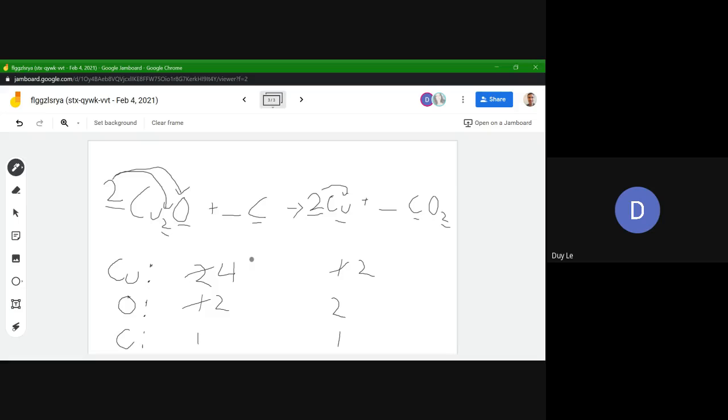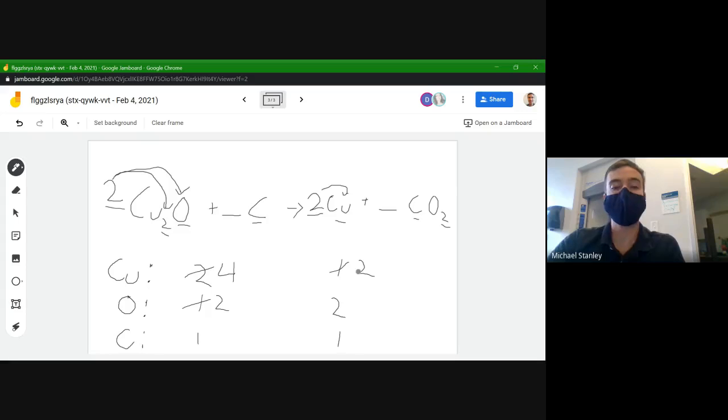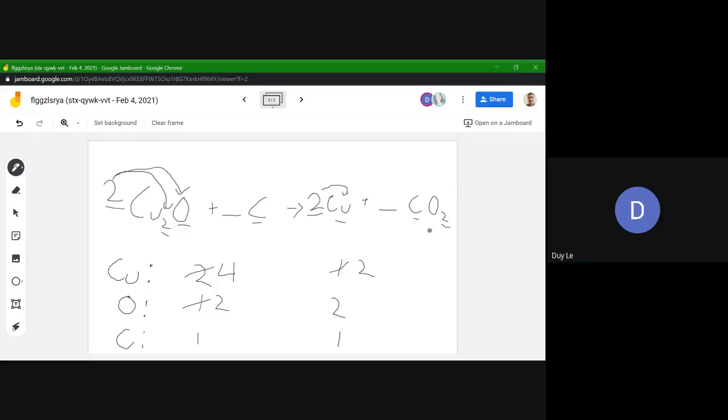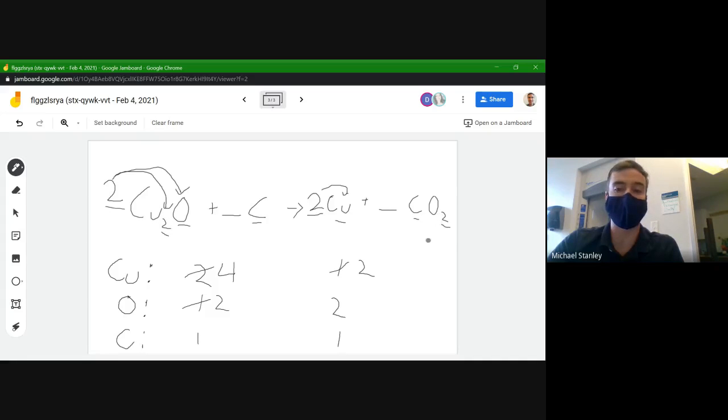We need to change Cu on the product side again. Yep, because again, we can't mess with this oxygen at all since it's a subscript, and this guy has to be a 4 because it has the 2 times 2. So instead of trying to fix it over here, can we just go over to our Cus and maybe change this coefficient into something different?